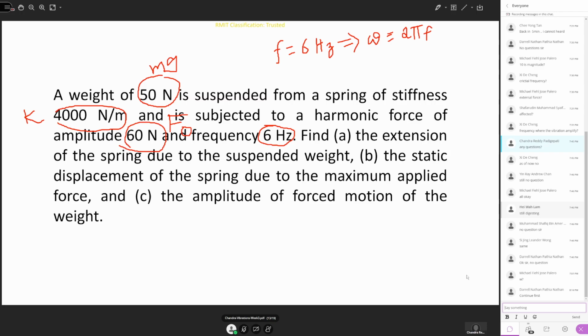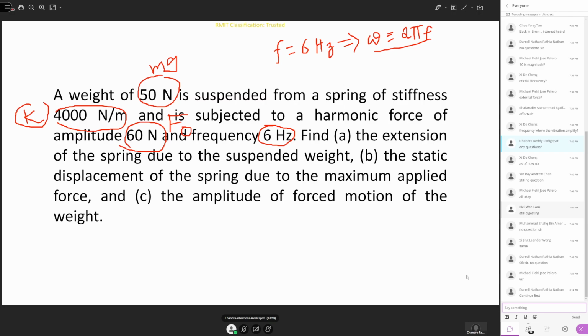Under these conditions, we know the spring constant, we know the weight, that means we know the mass of the system, and we know the force acting on the system. There is no damper here, so the system is undamped forced vibration. The external force amplitude is 60 newtons and the frequency is 6 hertz, so omega will be 2 pi f.